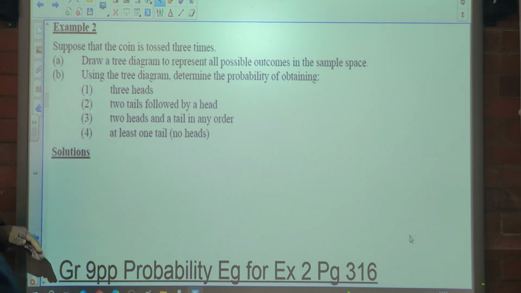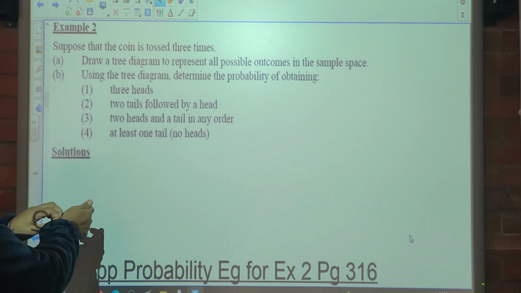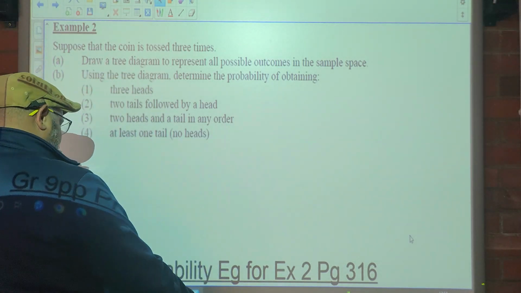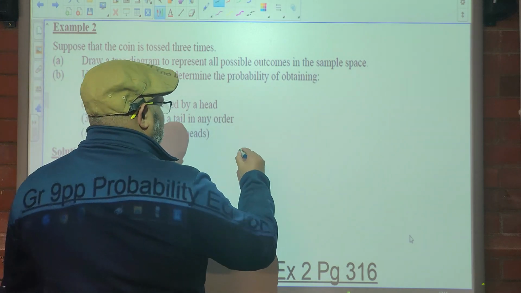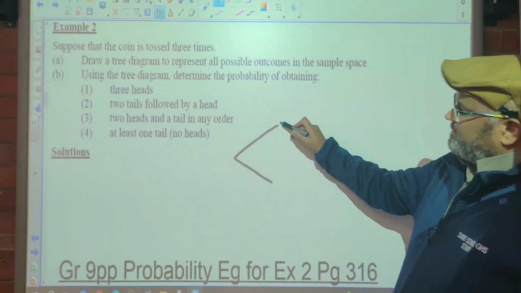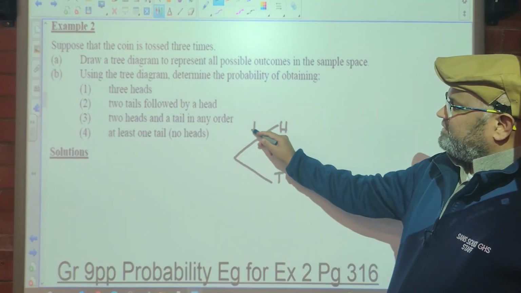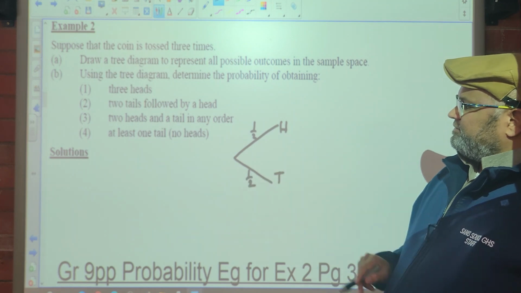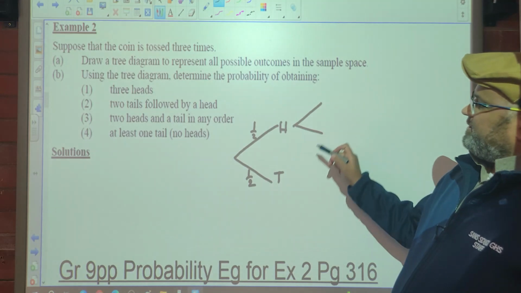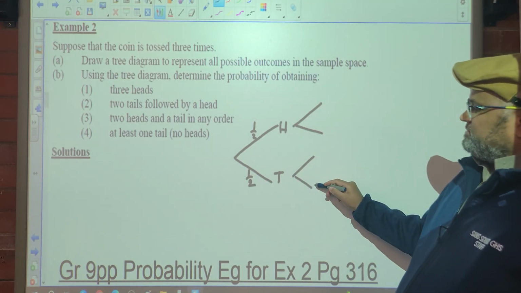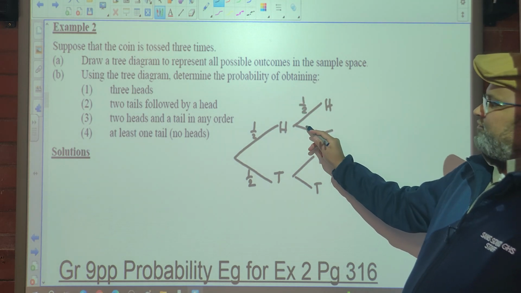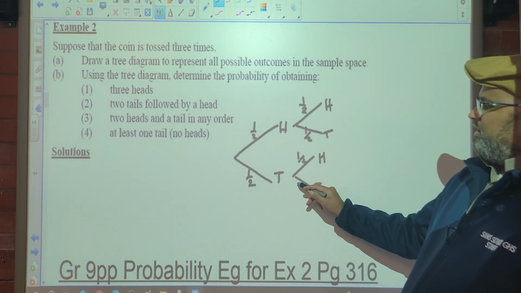So let's go. Suppose that the coin is tossed 3 times. Draw a tree diagram to represent all possible outcomes in the sample space. So if you toss the coin in the first event, what would it be? Heads or tails? What's the probability? So that's your first event, not so? In the second event, it can either be heads or tails. What's the probability here? Half and half.